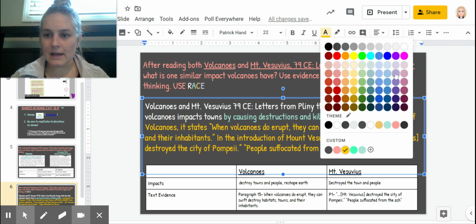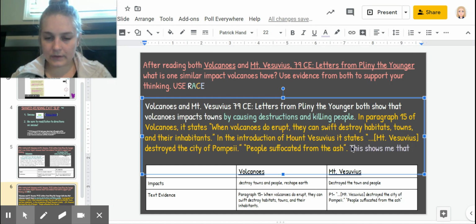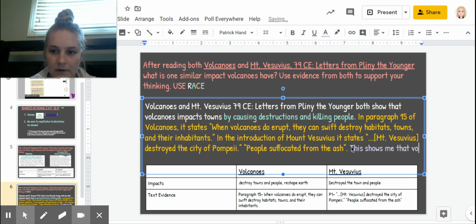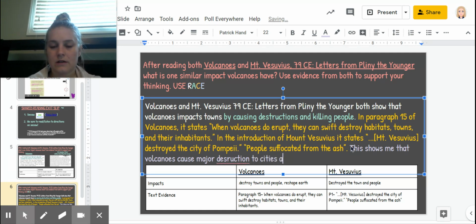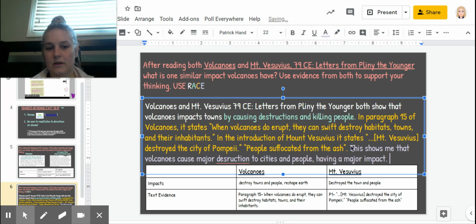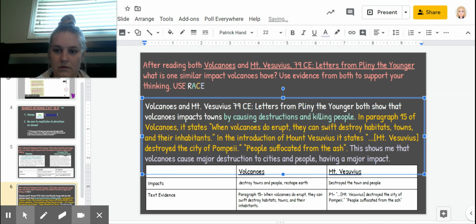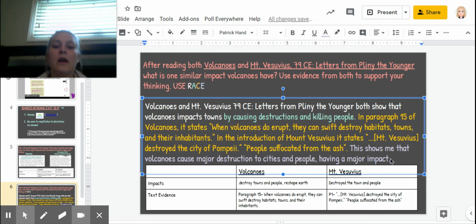So I would then say, this shows me volcanoes cause major destruction to cities and people, having a major impact. Okay, so short and sweet, to the point.